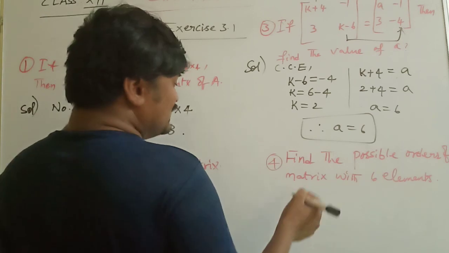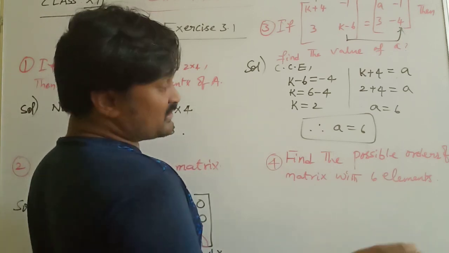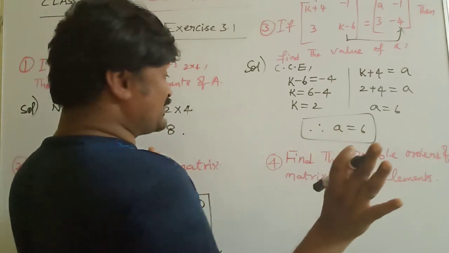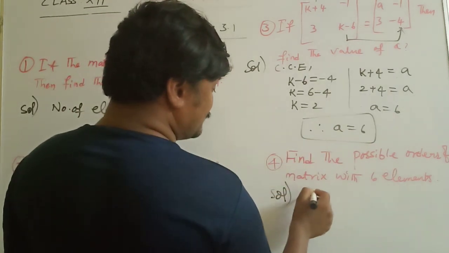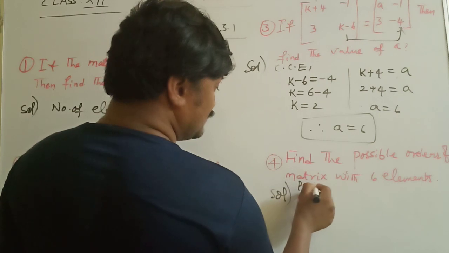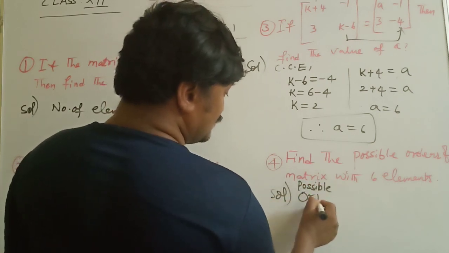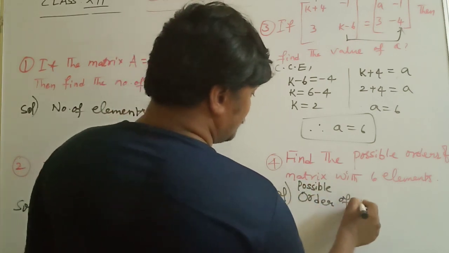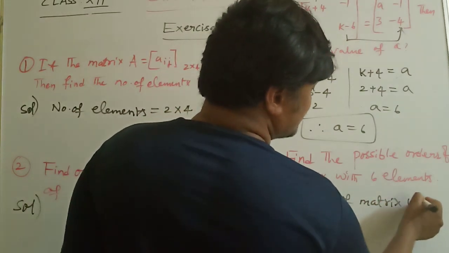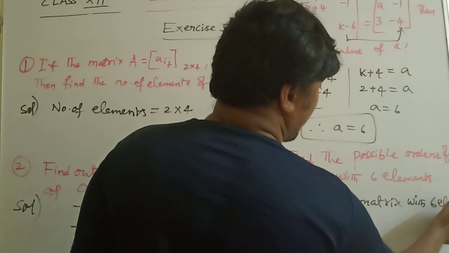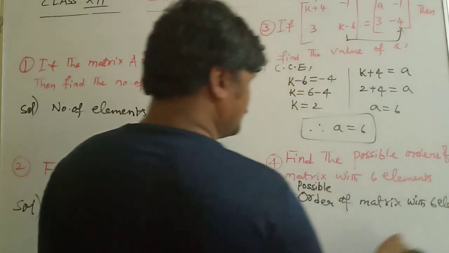If you don't know this, just remember in which tables you get 6. That is the simple way to find the order. I can write here possible orders of a matrix with 6 elements. So first, which table?